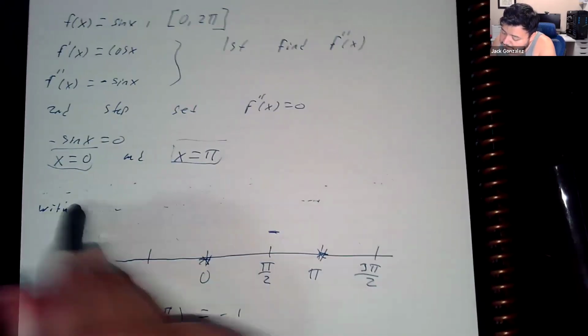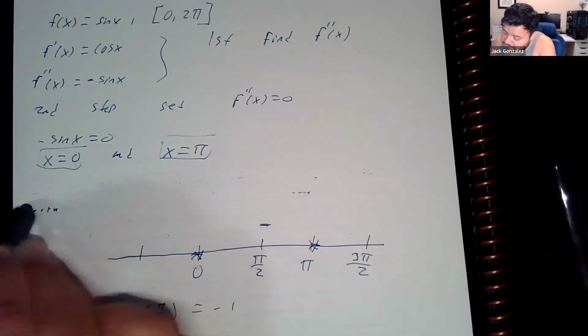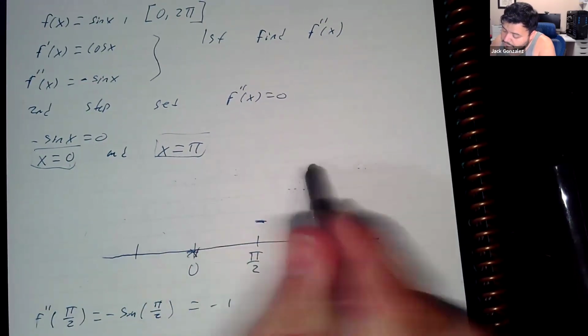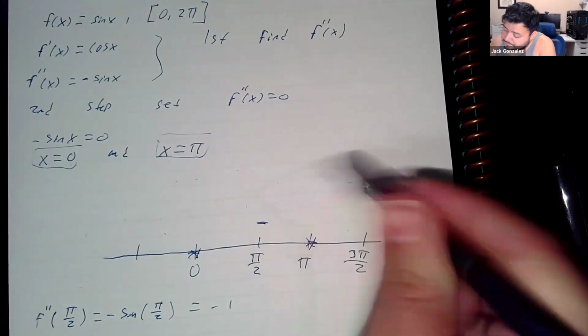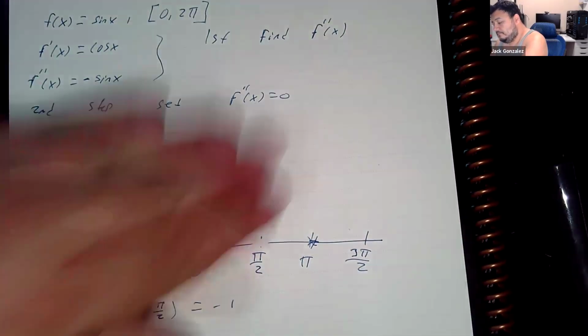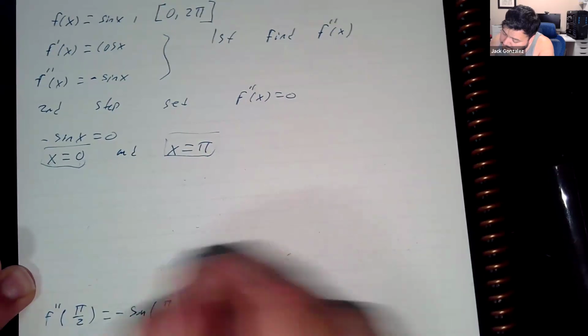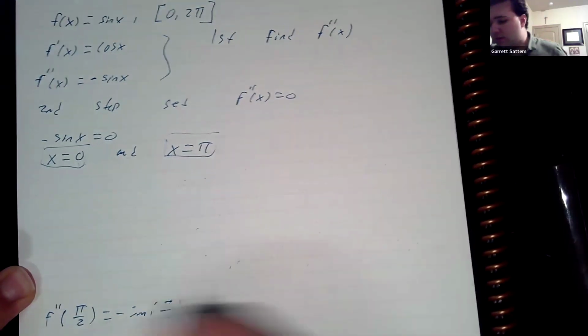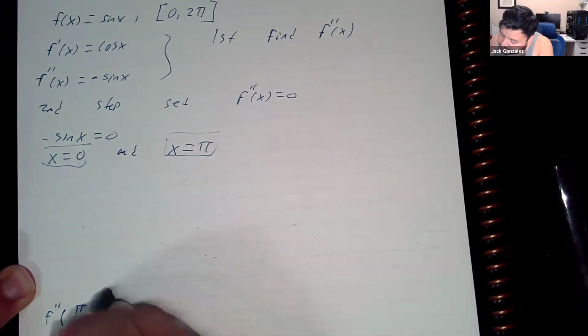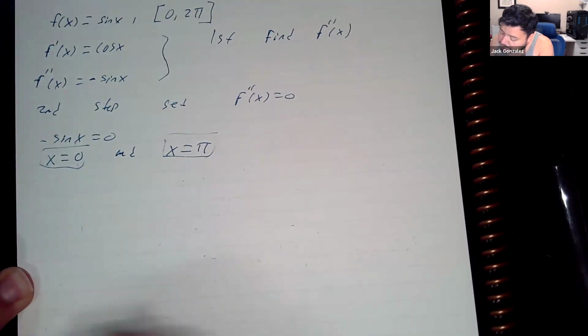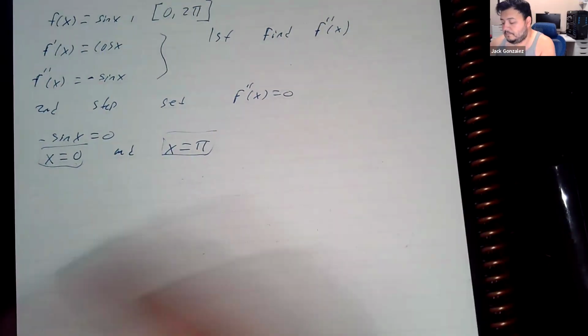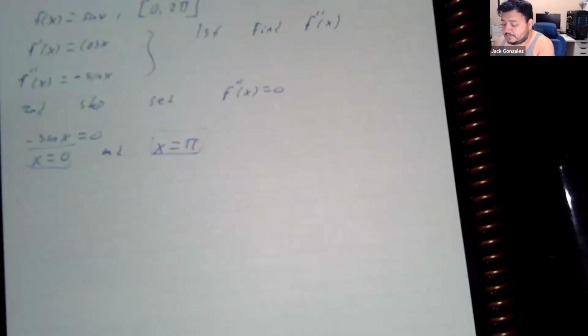You can, though, but we were done a while ago. So find the second derivative, set it to 0. That's it. Any questions on number 8? No, that was pretty easy. Yeah, I was making it harder than it should be, by not reading the question carefully.